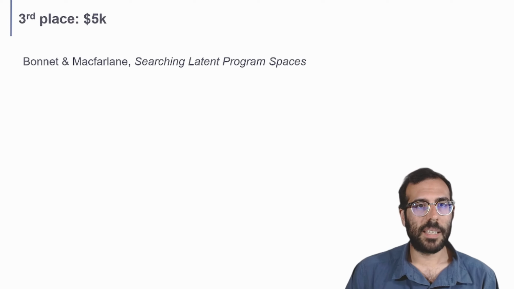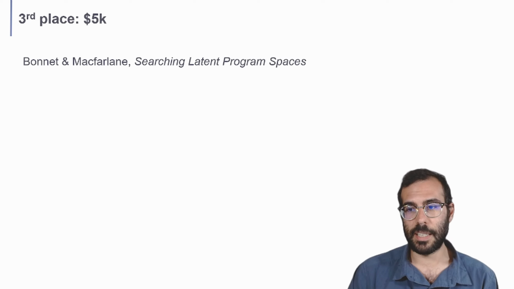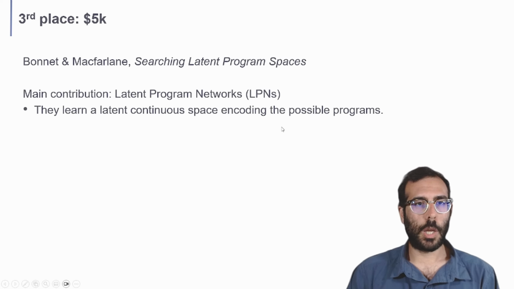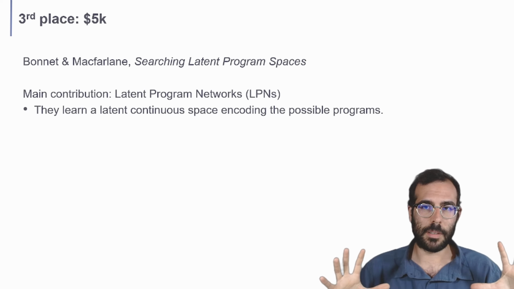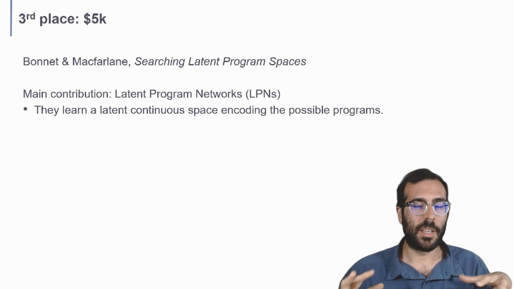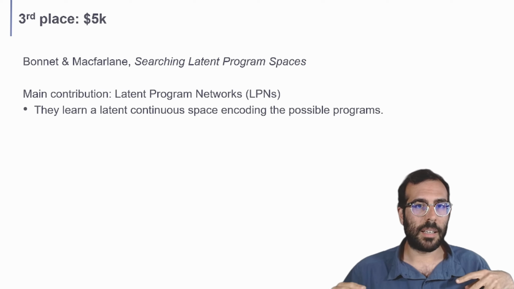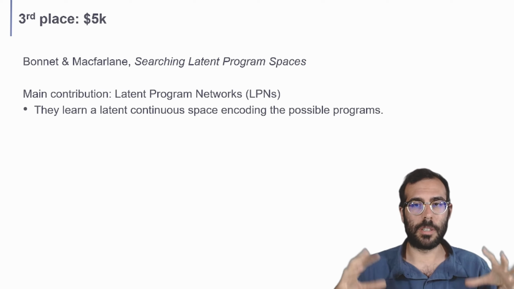Then the third place for 5K went to this paper, searching latent program spaces, which is an extremely elegant, interesting idea. And the way that it works is that instead of dealing with explicitly constructed programs, they learn a latent encoding of the possible programs.